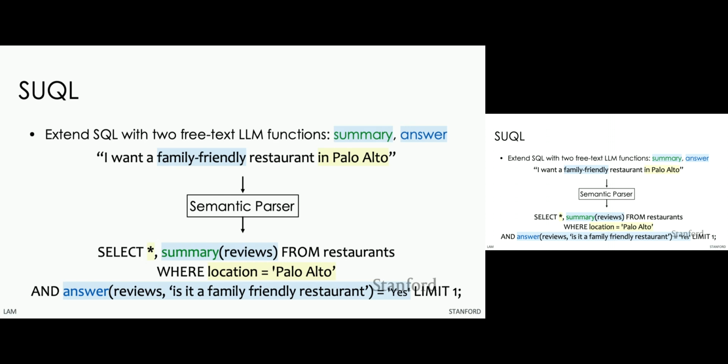And at the end, after I look it up, I want a good summary. I would say, give me a good summary of the reviews. This is why, when I showed you earlier, the descriptions of the restaurants are more interesting than just saying, Daigo. I actually know something about it because we look at the reviews. So this is the combination. It's a very simple combination, but the key is that these are two functions.